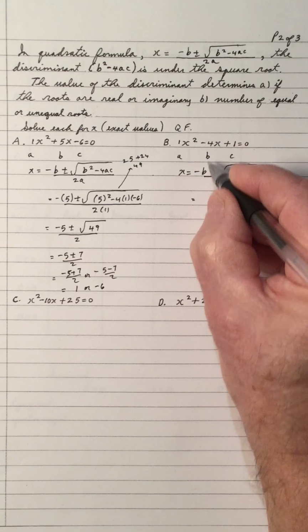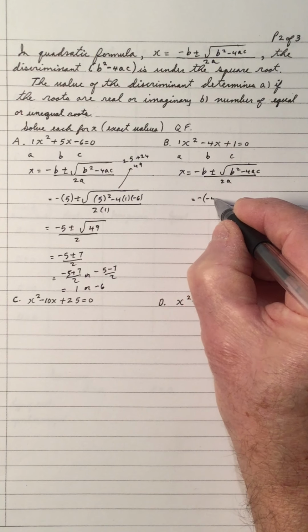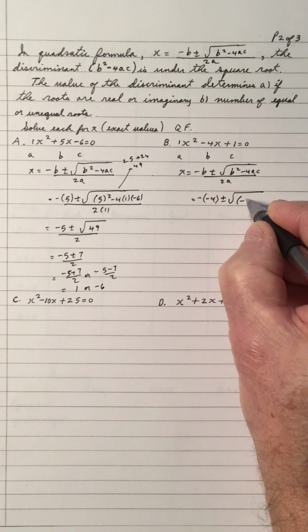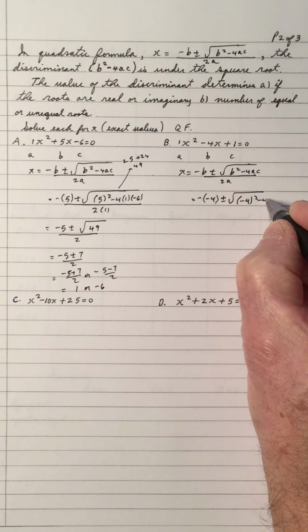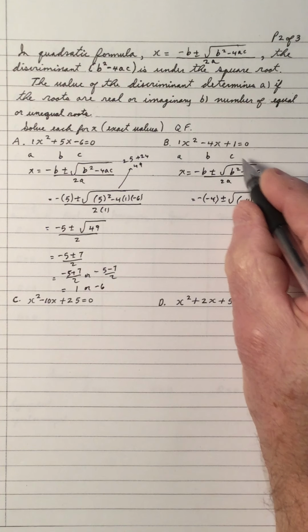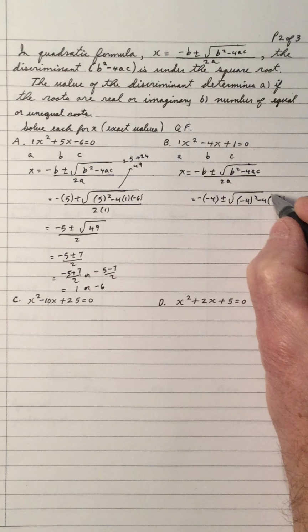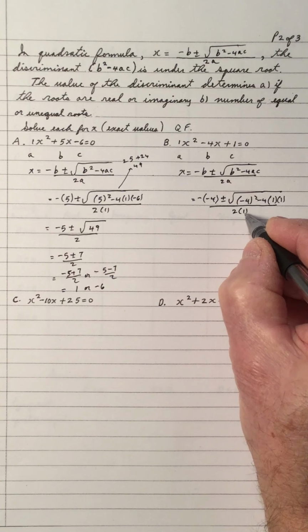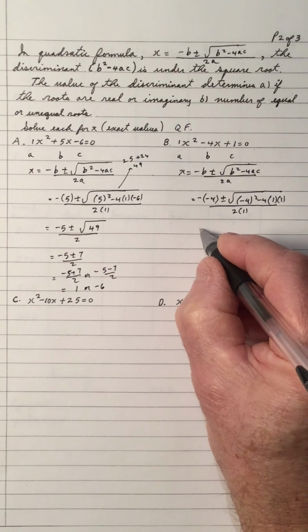This time b is negative 4, so it's the negative of a negative 4, plus or minus the square root of negative 4 squared minus 4 times a, which is 1, times c, which is 1, all over 2 times 1.